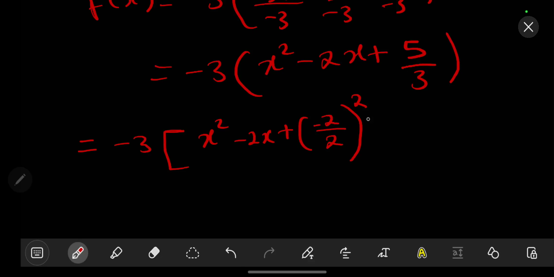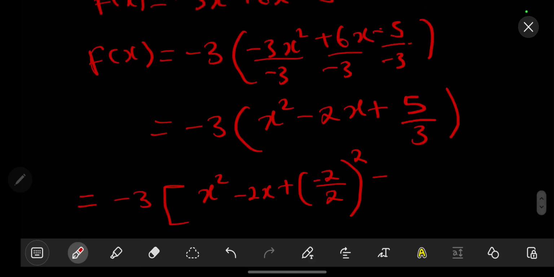Now you have introduced the positive, just introduce the negative, which will be equal to negative 2 over 2 again, squared, so that when you do your plus and minus, these two can cancel, meaning you haven't changed anything. Then you have 5 over 3.